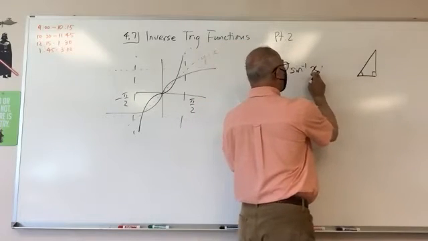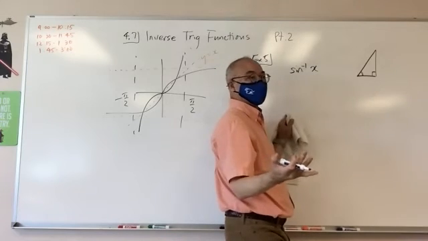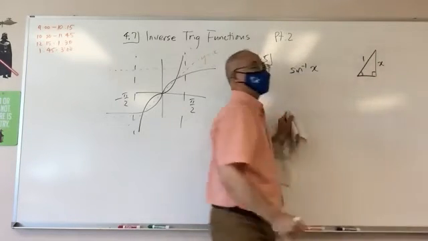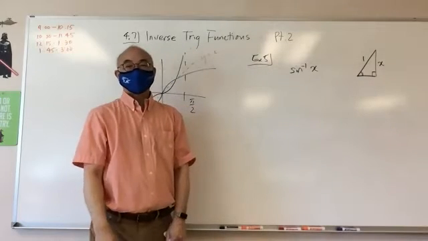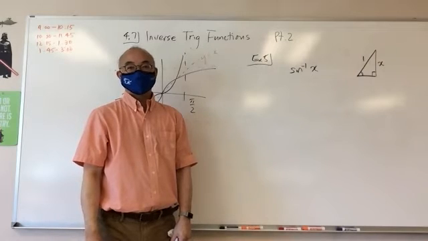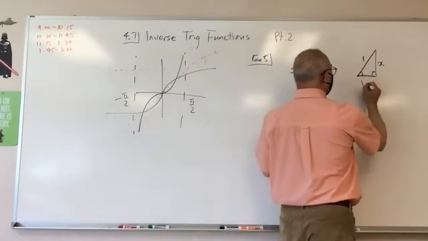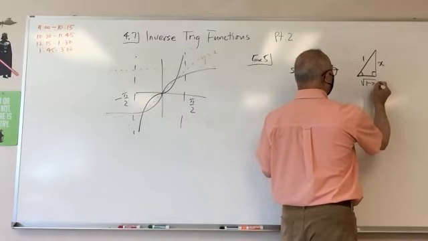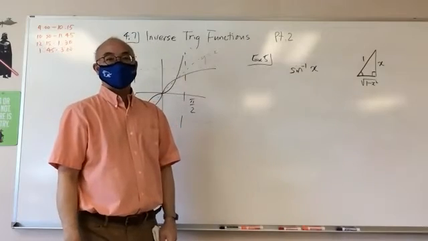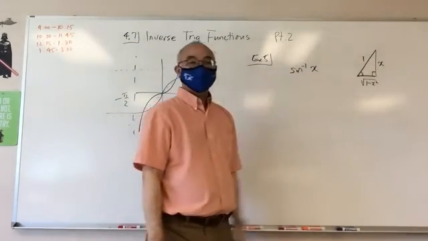I'm giving a sine value of x, which means that in order to force that, I can say this is x and this is 1, right? Opposite over hypotenuse, right? Sine is opposite over hypotenuse. So if I'm going to do it this way, you understand that has to be that, right? Because this squared plus this squared is this squared.